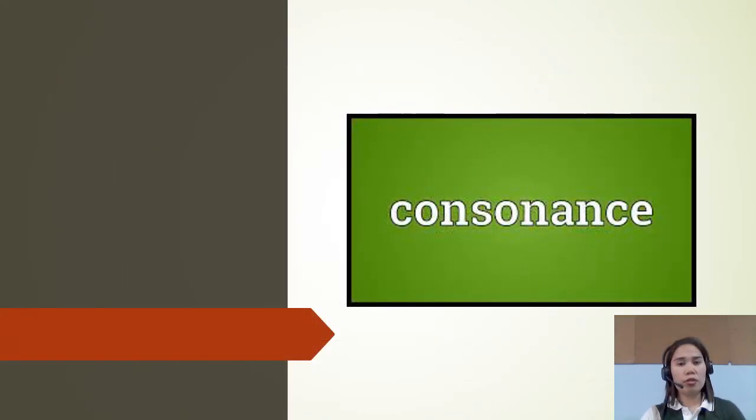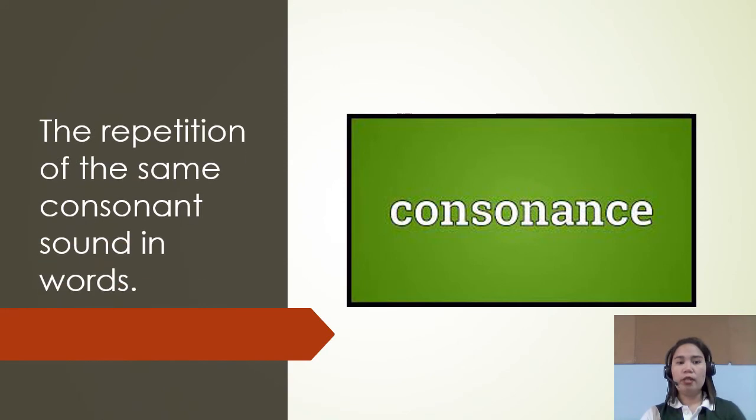Next is consonance. What is consonance? It is the repetition of the same consonant sound in words. The question is, what's the difference between alliteration and consonance? Because they both involve consonant sounds. You have to keep in mind that alliteration involves the first consonant sounds in multiple words, the initial, the beginning, the first consonant, while consonance can appear anywhere in the word, typically at the end.